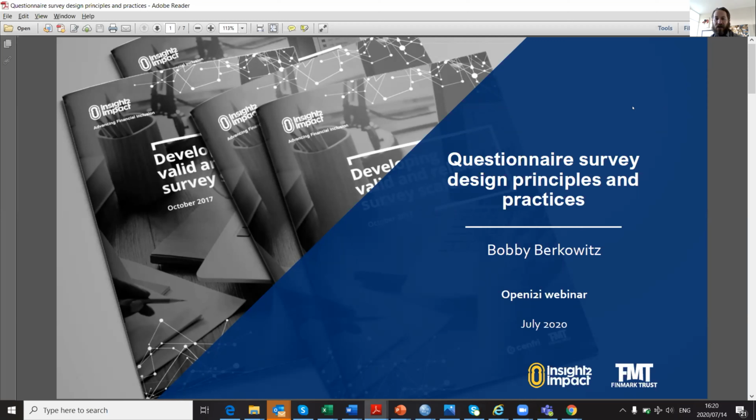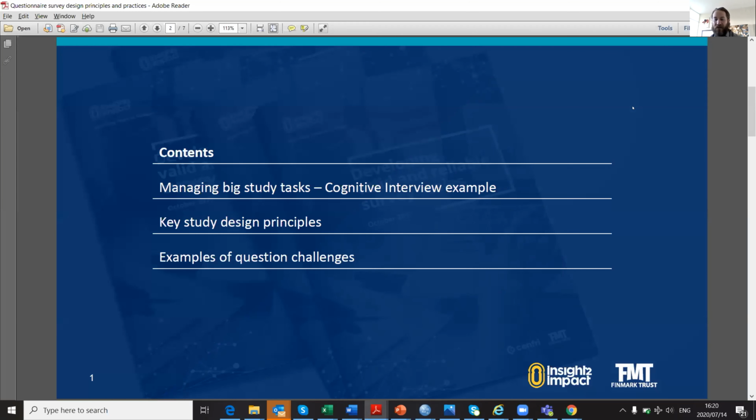And so Iska's given you a really good overview of her approach to cognitive action research, and I'll take it a little bit further in terms of the cognitive interviewing process, just as one part of the questionnaire design process. So obviously when it comes to questionnaire design, it fits into an entire demand side survey.